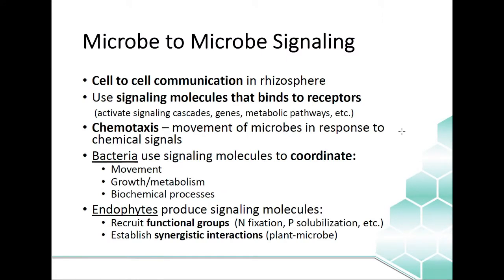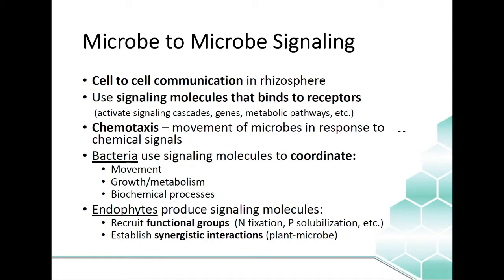They move together, they grow together, they coordinate their metabolism, and they also coordinate their biochemical processes. So one will focus, for example, on nitrogen fixation, and a different group will focus on phosphate solubilization. They coordinate all the biochemical processes based on what the plant's needs at that stage are.